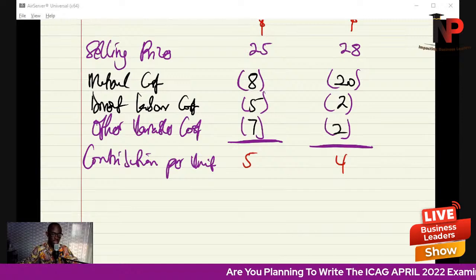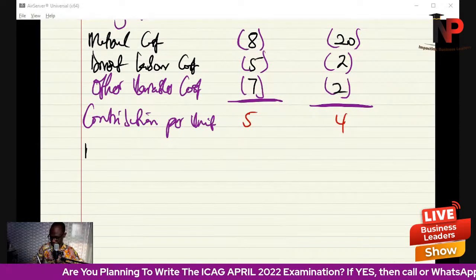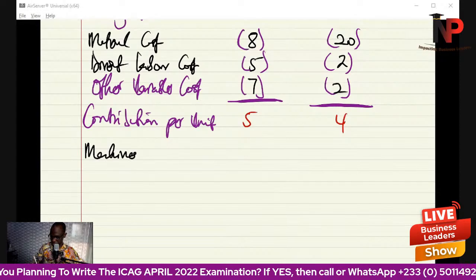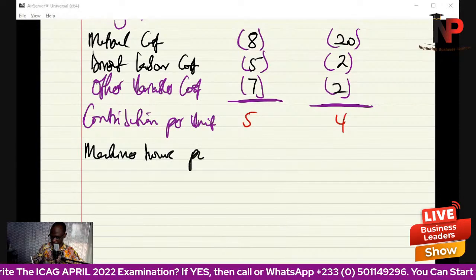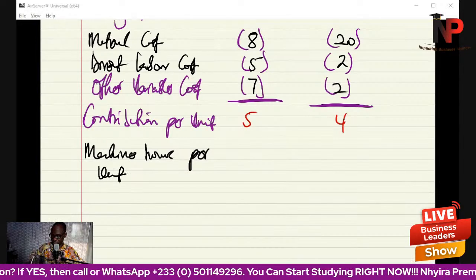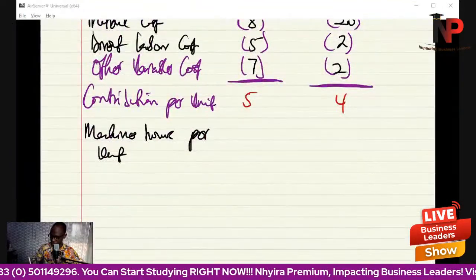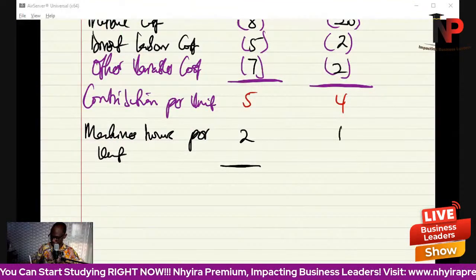Sounds good. Then we bring in the usage per the limiting factor. So the machine hours, which is the limiting factor per unit. If you remember, the machine hours per unit is 2 and then 1. So 2 here and 1.